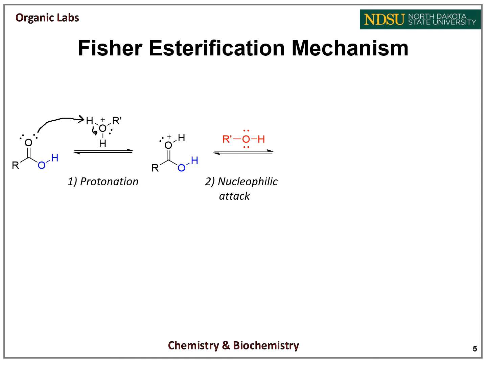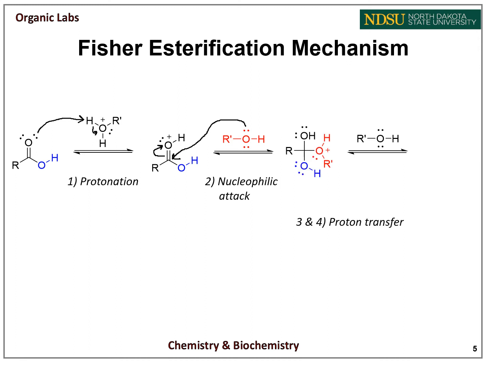This makes the carbonyl carbon more electrophilic and more prone to nucleophilic attack by an alcohol molecule. Then the electrons from the double bond will move up to the oxygen atom.